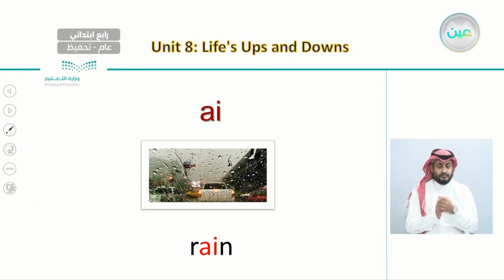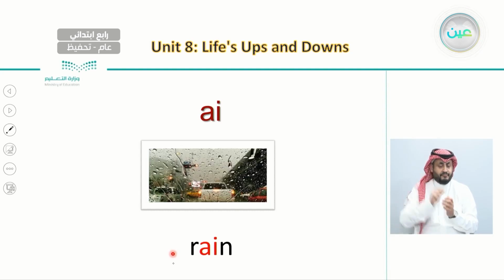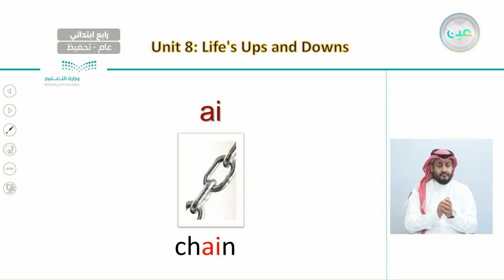The first word that has the AI sound is rain. Say with me, rain. Very well. This is a picture of rain. Now, let's move on to number two. Number two from the AI words is chain. Say with me, chain.